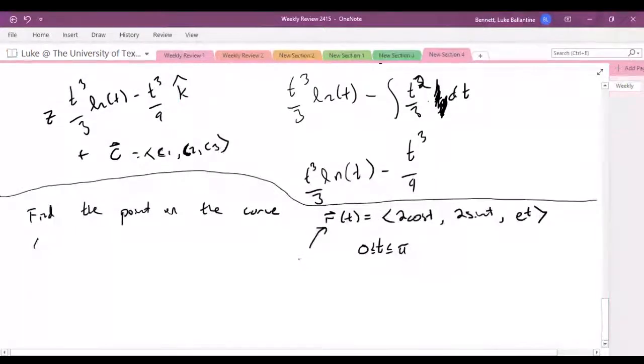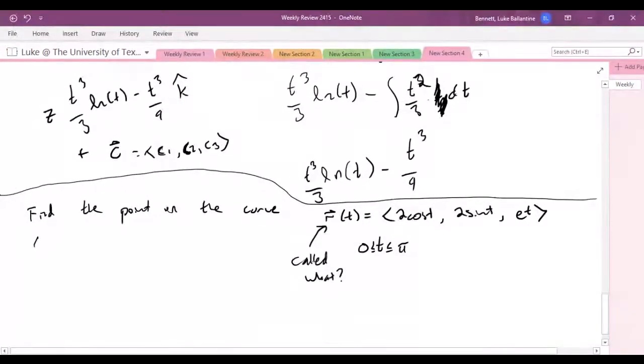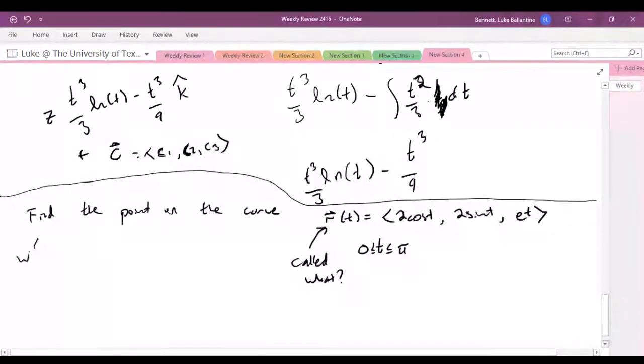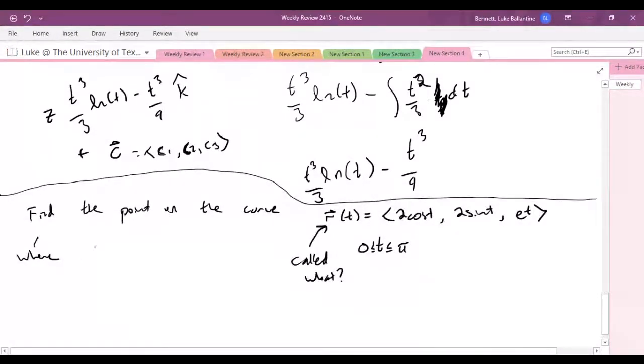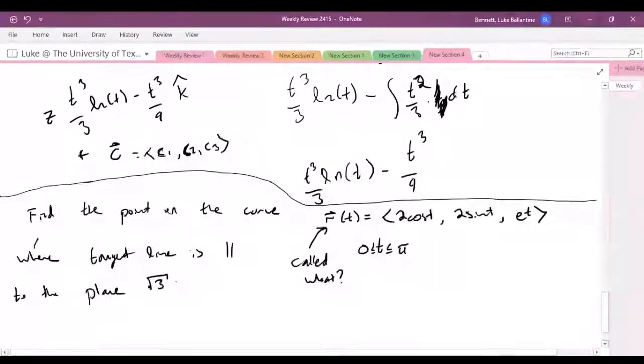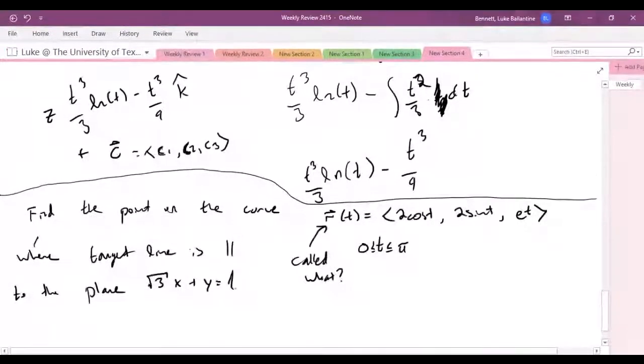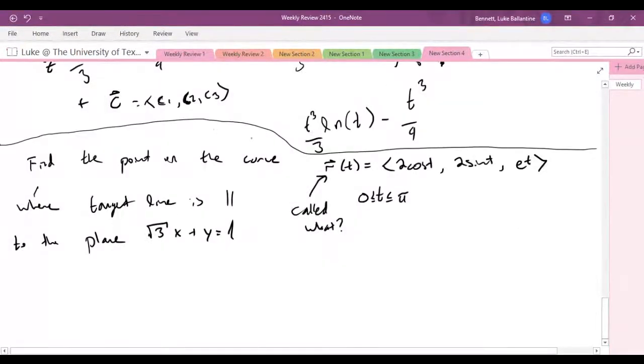What is this curve called? Find the point on the curve where the tangent line is parallel to the plane square root of 3x plus y equals 1. What is this vector valued function called?